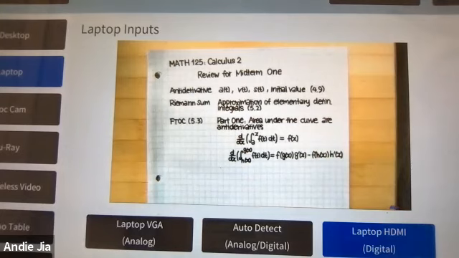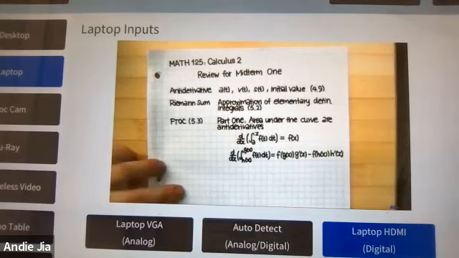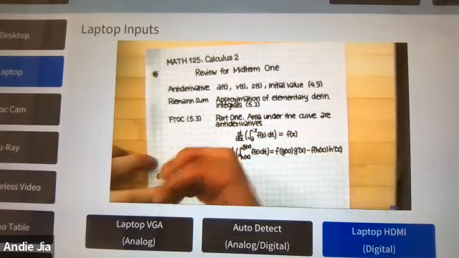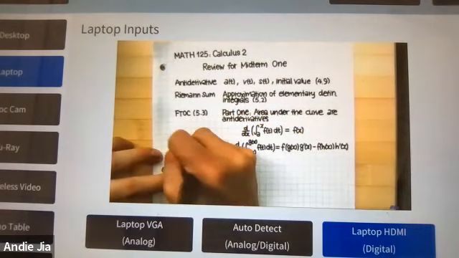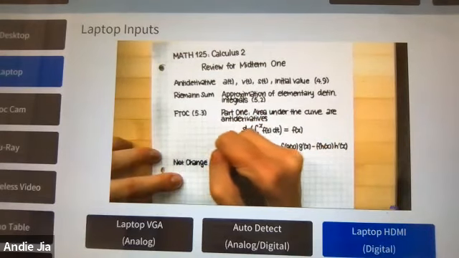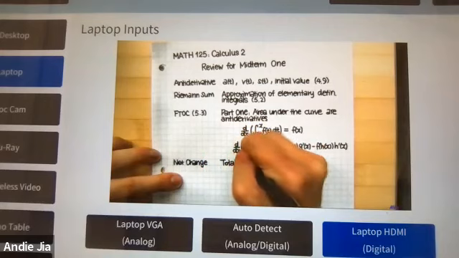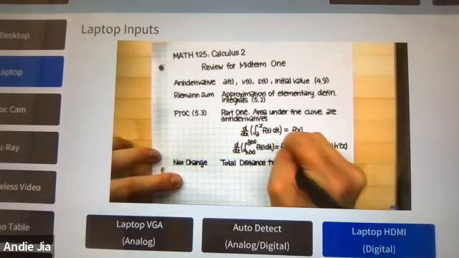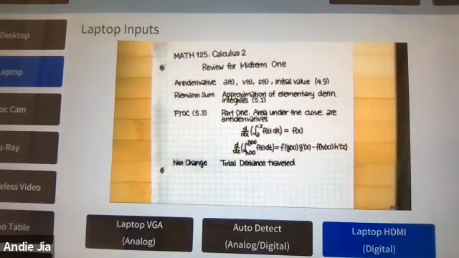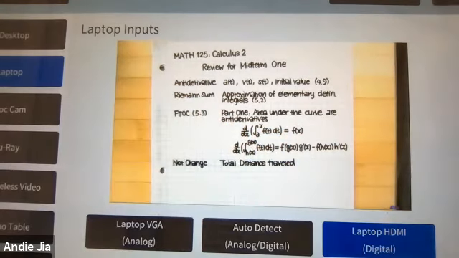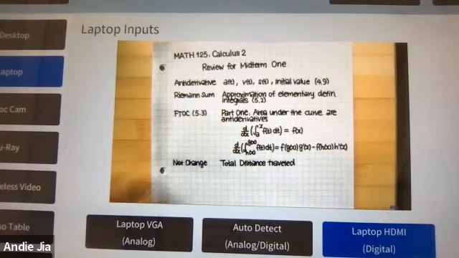And then it's the net change theorem. Net change is the total distance traveled and total displacement. One very important note: displacement can be negative, but distance traveled cannot be negative.